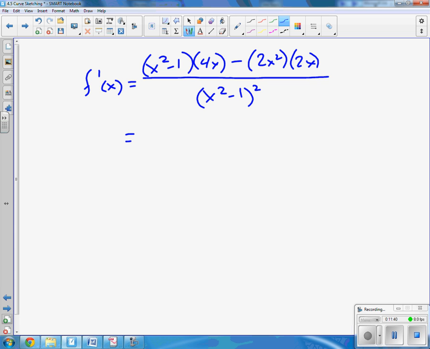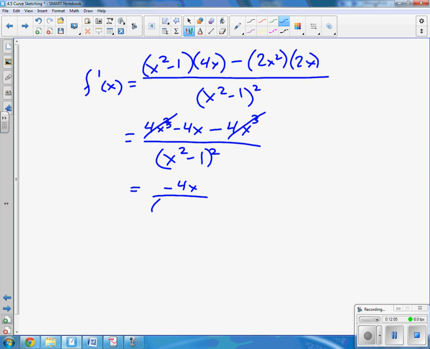If I multiply out the top, I get 4x cubed minus 4x minus 4x cubed. Sorry, I messed up earlier. It's 4x cubed minus 4x cubed. Okay, denominator hasn't changed. But I can cancel out the 4x cubed with the negative 4x cubed. So my derivative is negative 4x over x squared minus 1 squared.